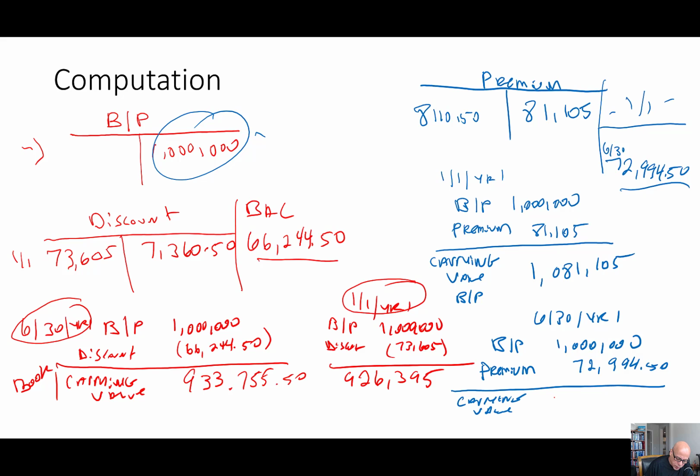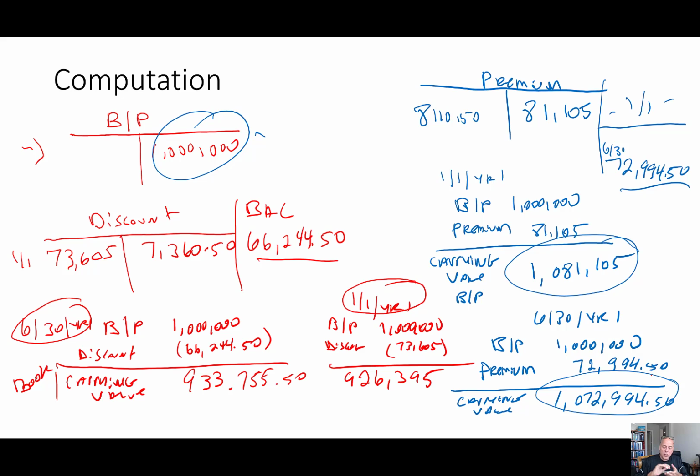So when I do carrying value, that's $1,072,994.50. The carrying value did what? Did it go up or down? Carrying value comes down. And it should come down because I've amortized the premium. I made the premium less. Premium is added to the face for a premium bond, and since the premium is less, the carrying amount is less.